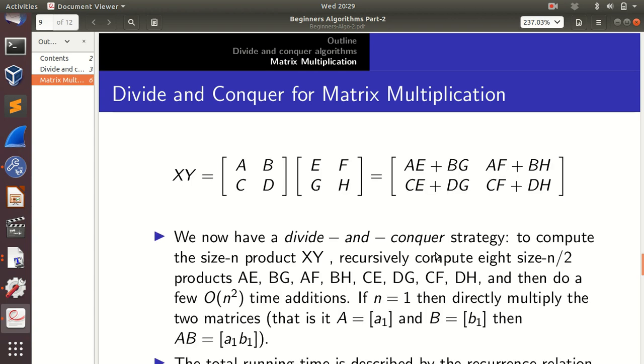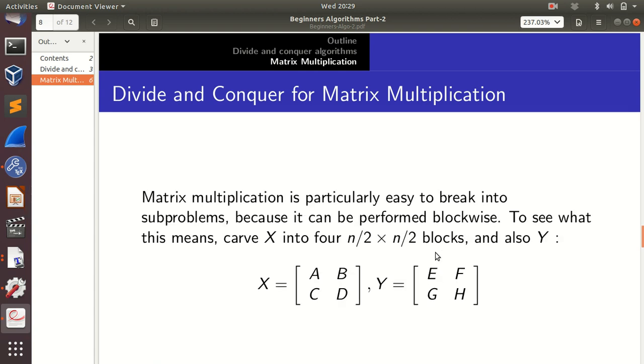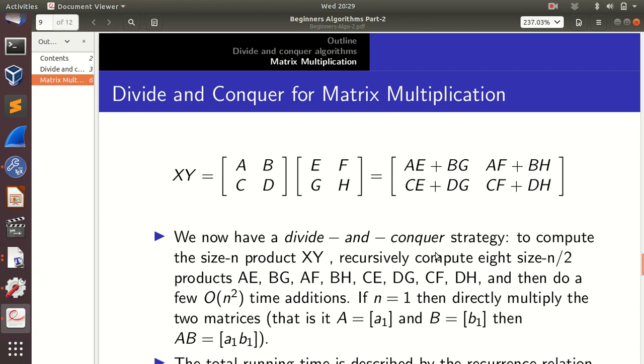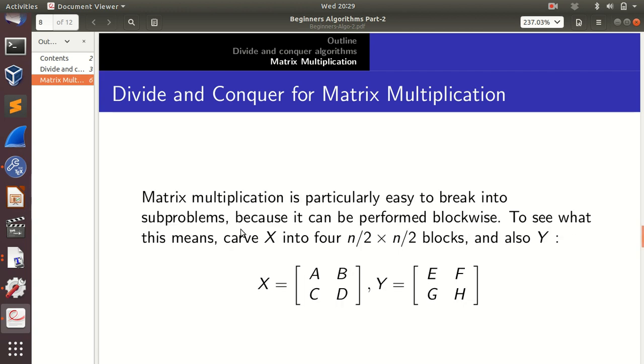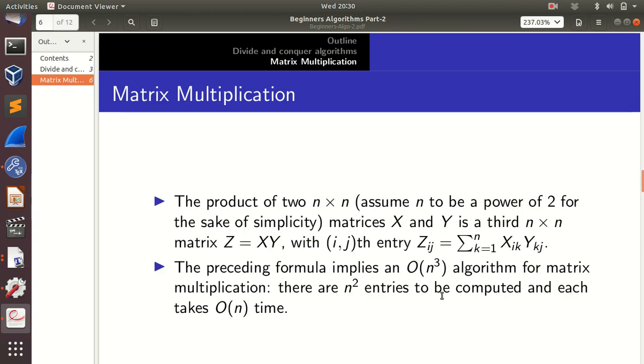Then there came a mathematician whose name was Strassen, who came up with a very good idea of divide and conquer, which improved upon this order n cube.